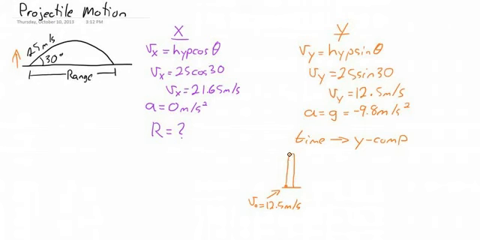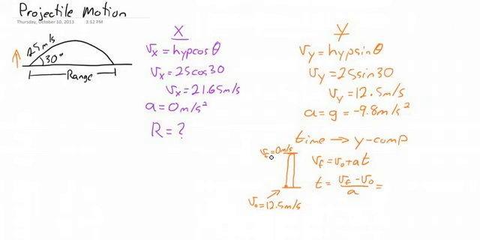We can do this by realizing that its final velocity at the very top is going to equal 0 meters per second. So we can find its time by saying Vf equals V naught plus at. We solve for t, and this becomes Vf minus V naught over a.